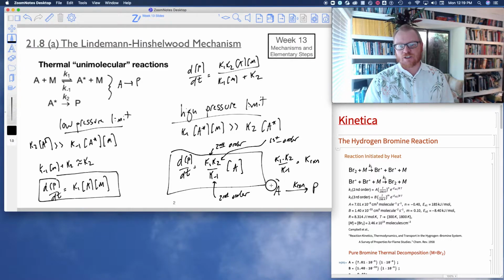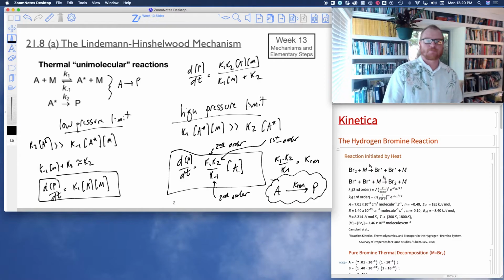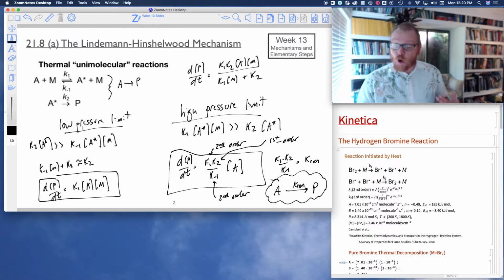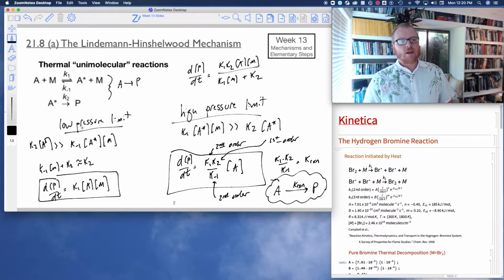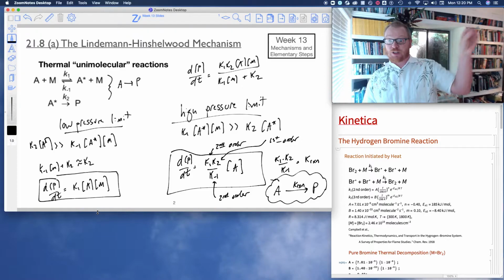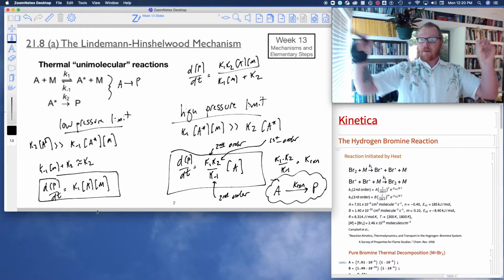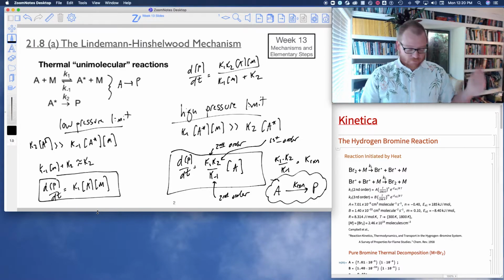The reaction just looks like A goes to products, dP by dt equals K times A. But now, under the low pressure limit, the rate limiting step becomes an A actually colliding with an M, because under the low pressure limit, that's what's going to take the most amount of time, an A diffusing around and finding another M for them to collide.